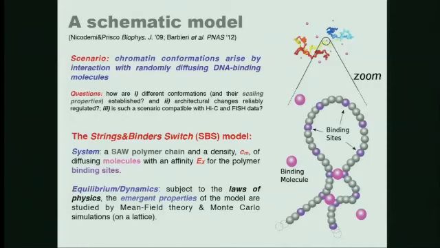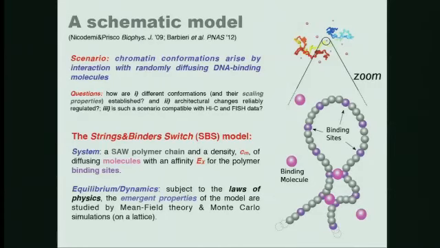So for now, let's focus on a system where we only consider the interactions between diffusing polymers, diffusing chromosomes in this pictorial view, and diffusing factors, diffusing molecules. What we want to try to understand in that context is, first, how can different conformations and different scaling properties be obtained?